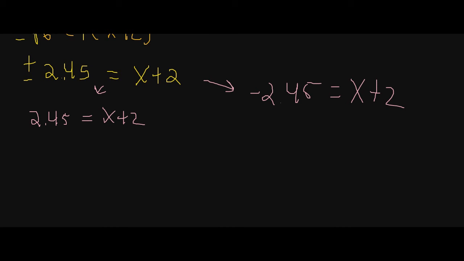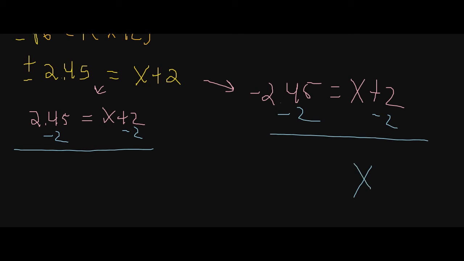What do we do to solve for x? We subtract 2 from both sides, and we get x is equal to, well, 2.45 minus 2 is just going to be 0.45, and negative 2.45 minus 2 is going to give me negative 4.45. Okay, there we go.